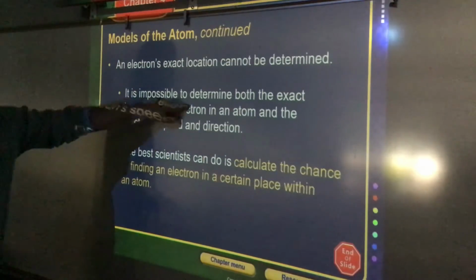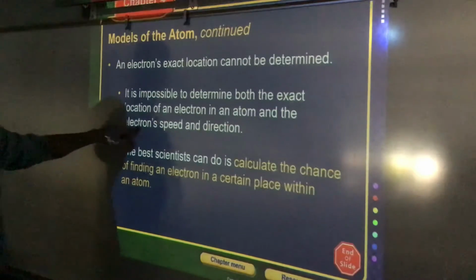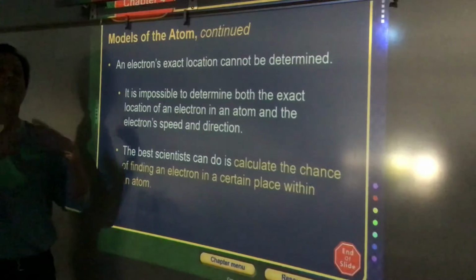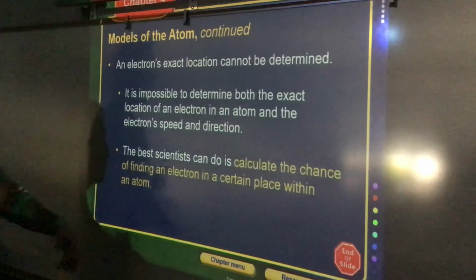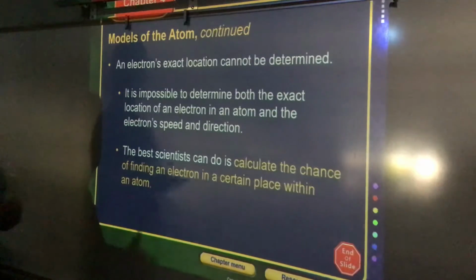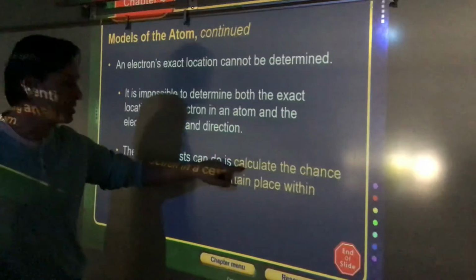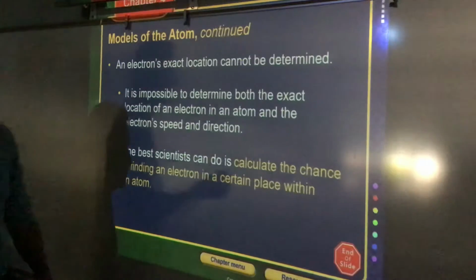So it's impossible to determine both the exact location of an electron in an atom and the electron's speed, but we got an idea. We can hypothesize or formulate an equation to know roughly how fast it's going, and maybe they could get lucky. So the best scientists can do is calculate the chance of finding an electron in a specific place at a specific time in an atom.